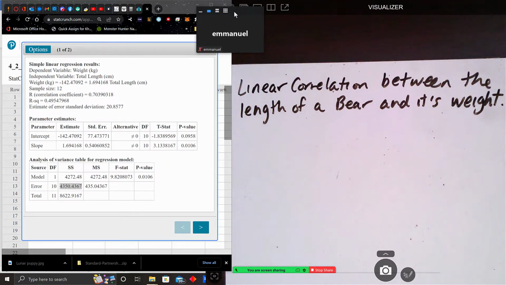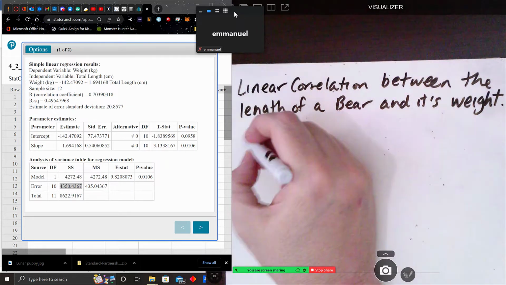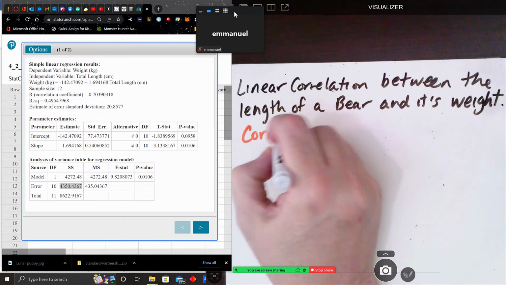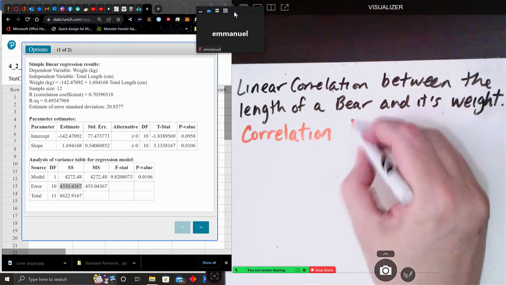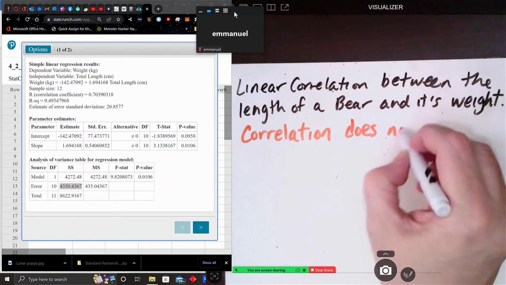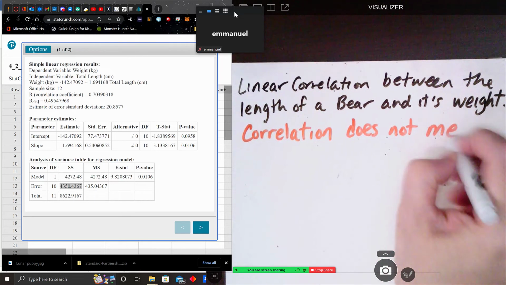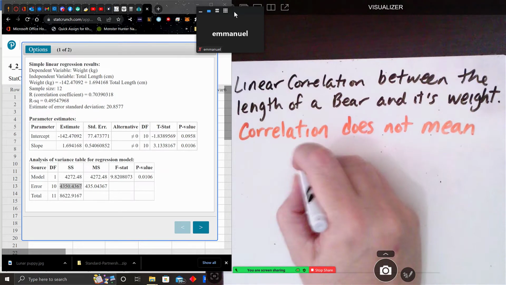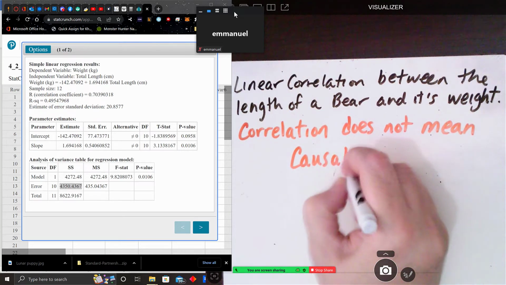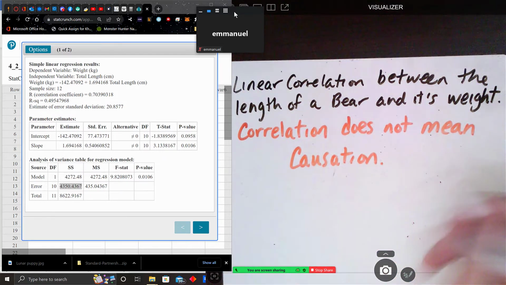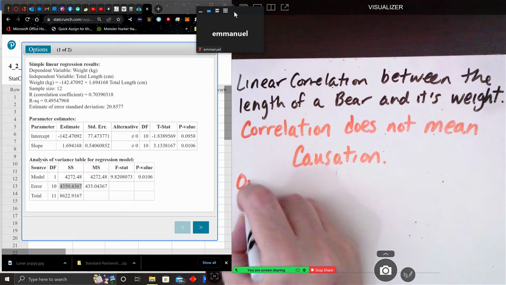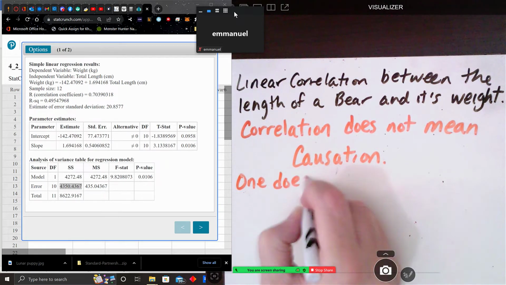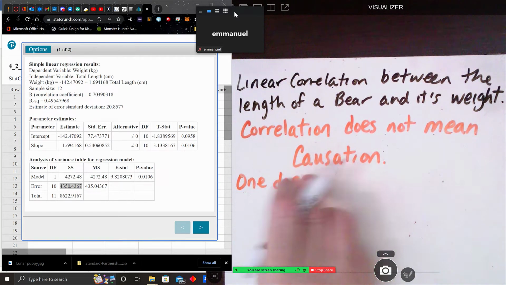It's important to remember correlation does not mean causation. Causation is where one causes the other. One doesn't cause the other, or may not cause the other.